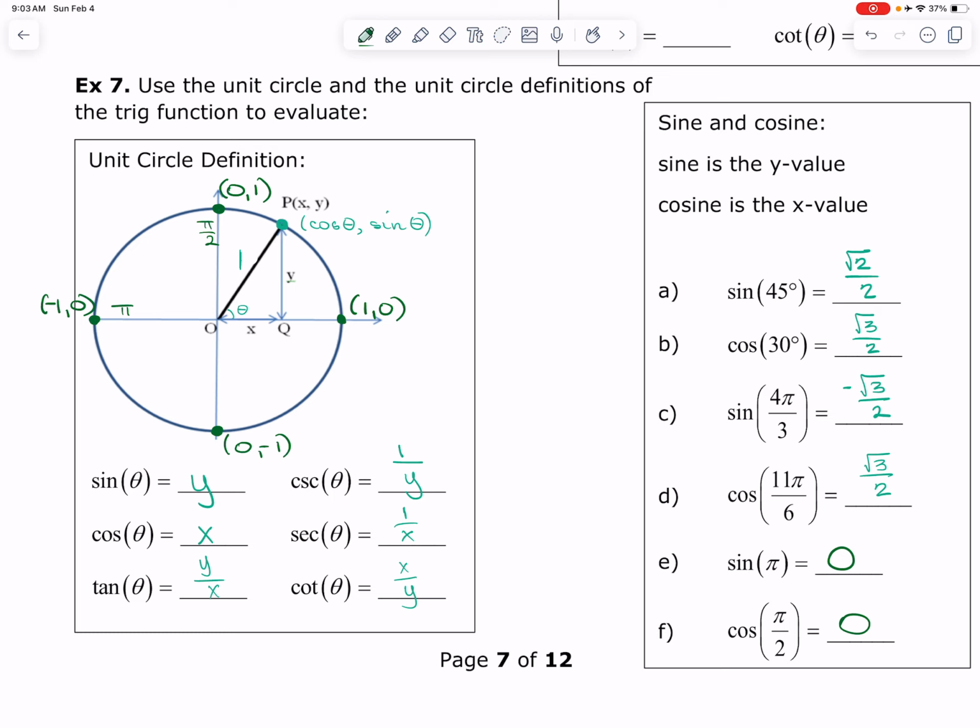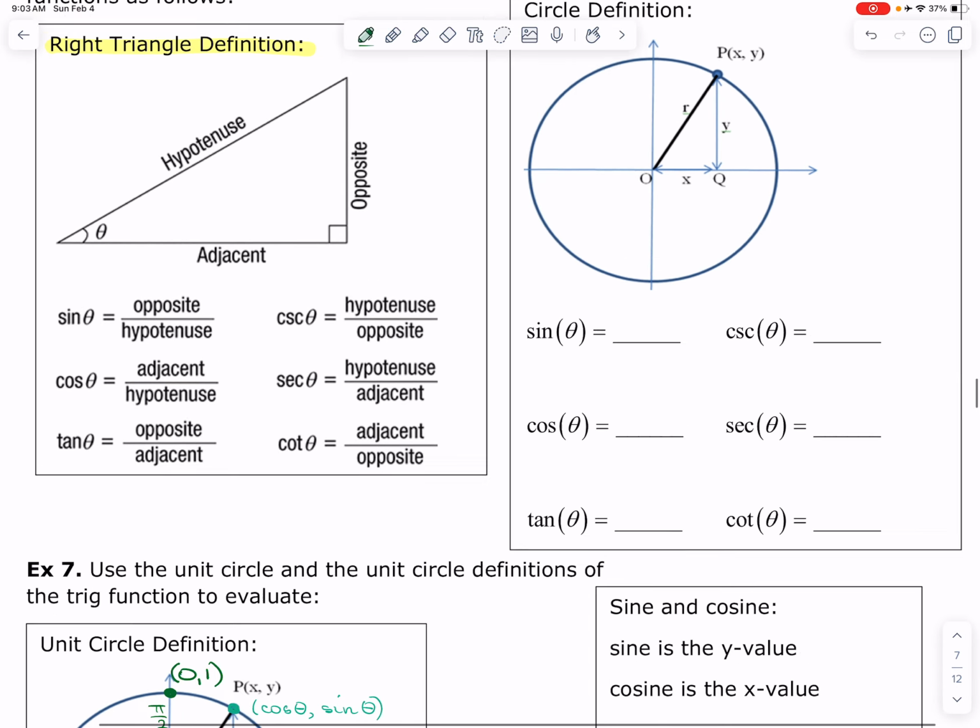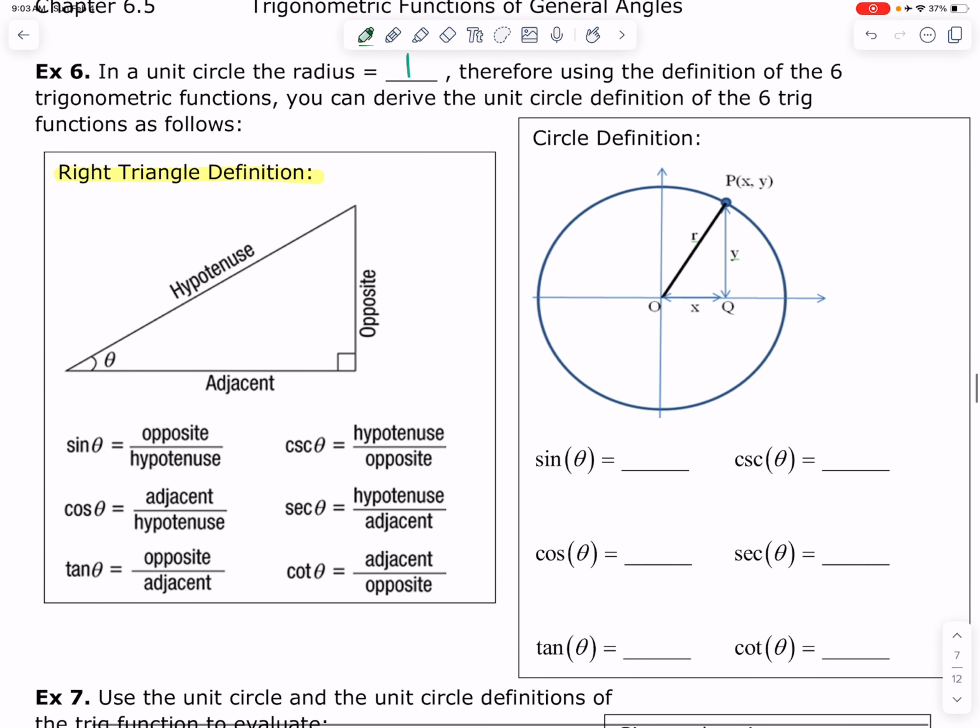Okay, now using that exact same thinking, I'm going to go back up to this right side where we have a circle where the radius is not 1. Ratios are going to be same between the sides, but if we're not in the unit circle, we may have a radius that's different. Sine is opposite over hypotenuse, so I get y over r.